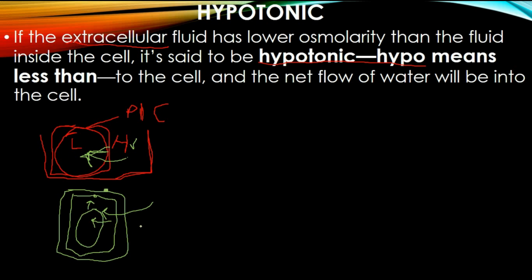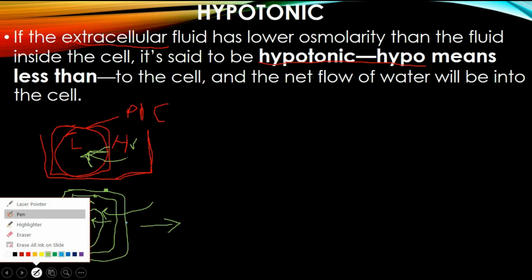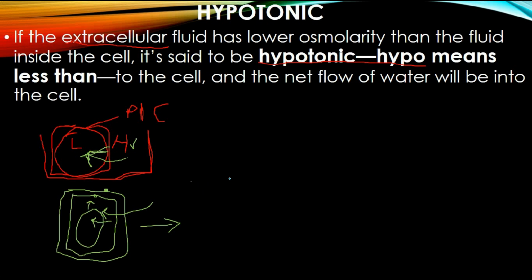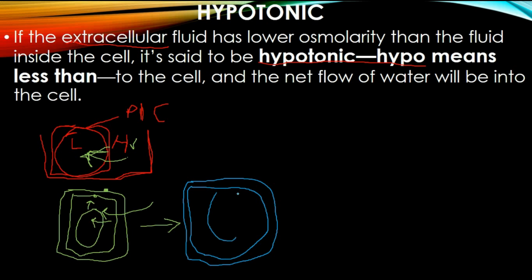So after a period of 5 minutes or so, you are going to notice that your cell will look something like this. It will bloat up, or it will become turgid. It will become bigger. However, because this cell got a cell wall, it's going to protect the cell from bursting.